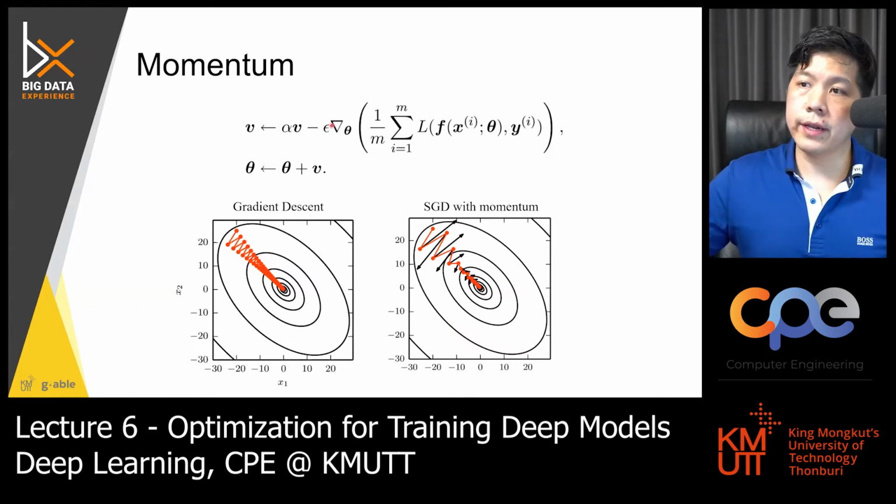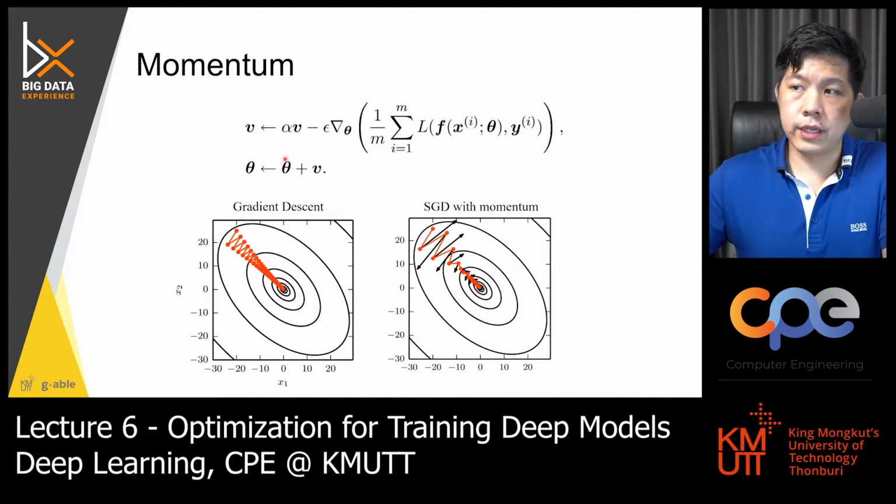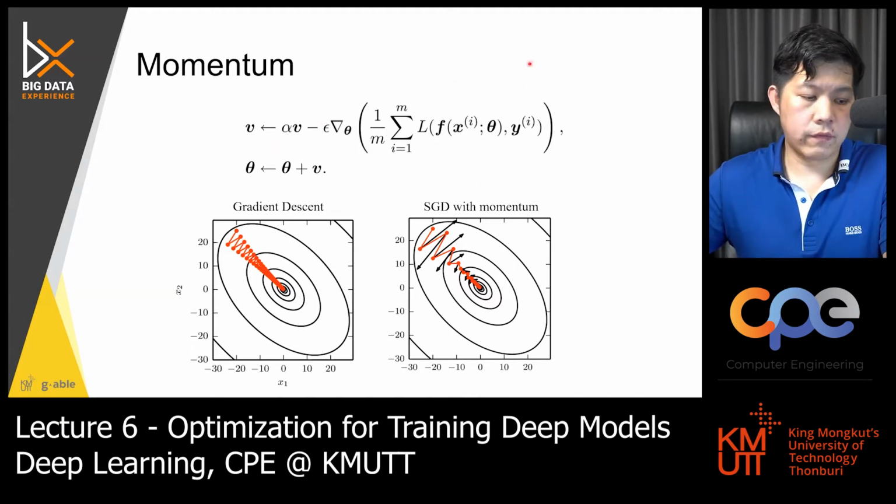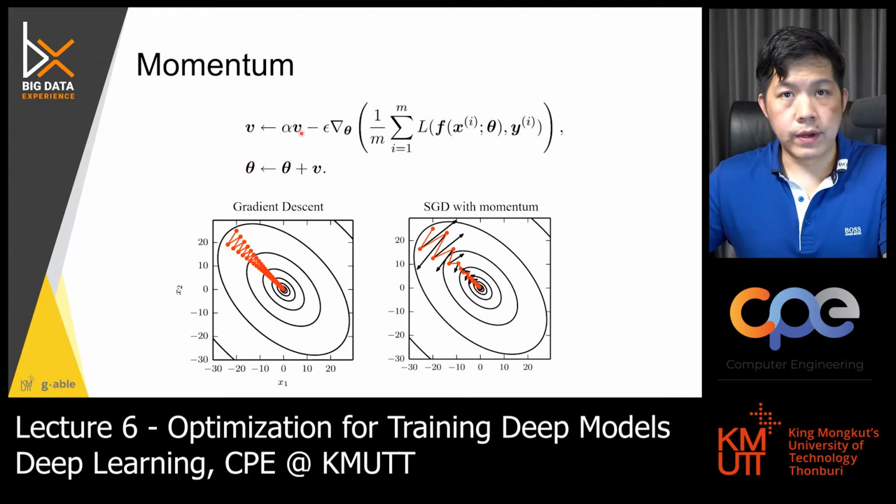If you take a look at this one, what is new here is SGD with momentum. We have the old gradient, but instead of plugging this into the parameters directly, we actually add it to the momentum. This momentum is controlled by alpha.